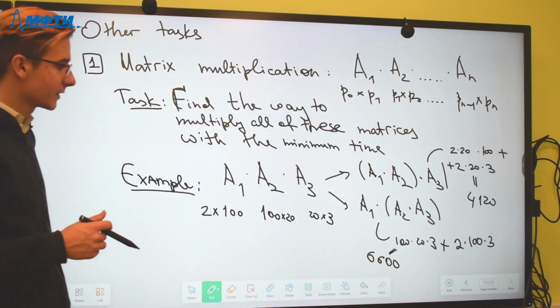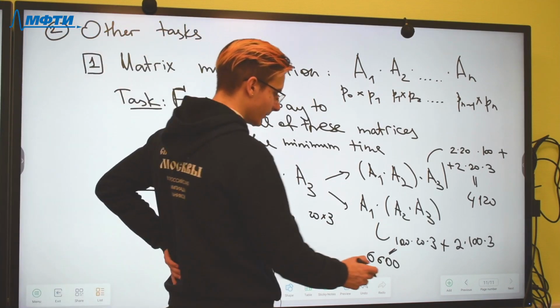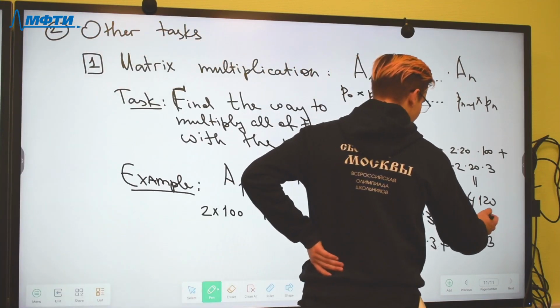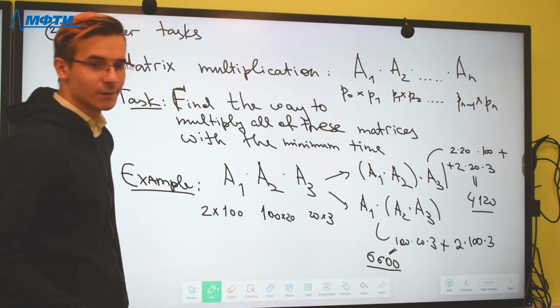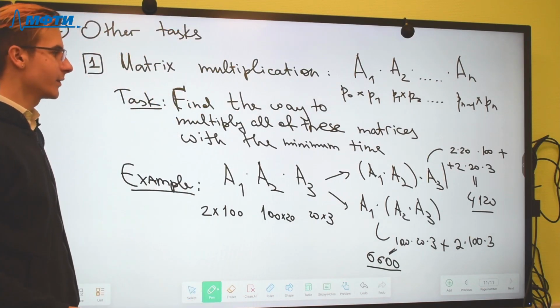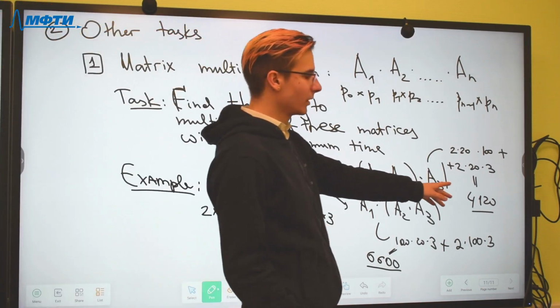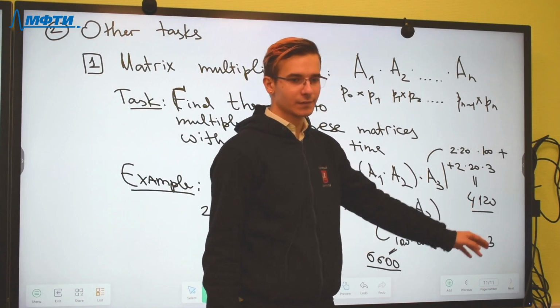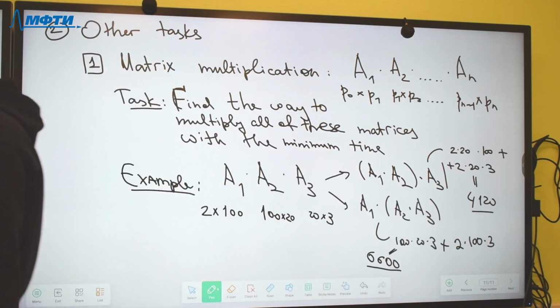You see that the answers are different. So we want to find the minimum answer for this multiplication.